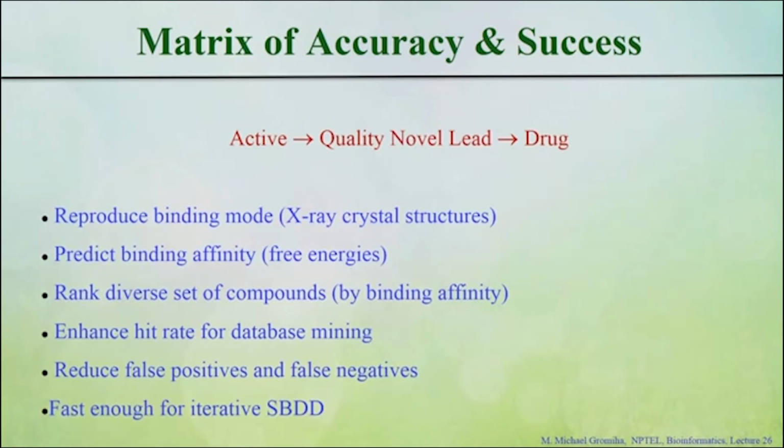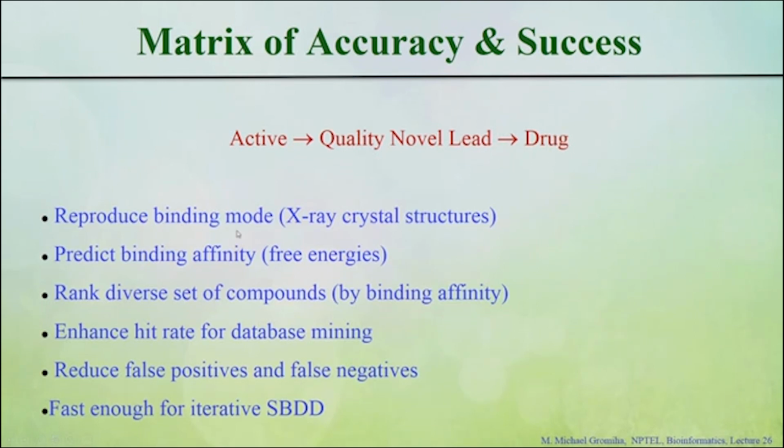Then what do we need in virtual screening? There is a set of compounds. There are several actives, and some of them are inactives. We need to identify the actives and inactives, reject the inactives and get the positives. Then we have to get quality in our lead, because if it is quality, then it could potentially be a drug.